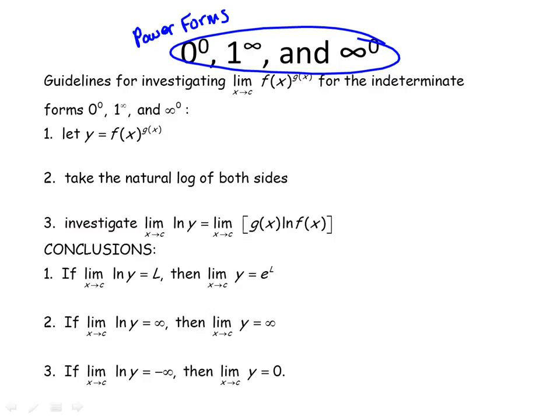Well, when you have 0 to the 0 power, that's a little impossible. So 0 to the 0 power is indeterminate, it is not 1. 1 to the infinity, you would think, well, that's infinity. No, it's not. It's indeterminate. And infinity to the 0 power is not 1. It's indeterminate. So these are your power forms.